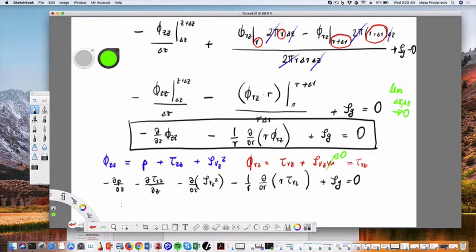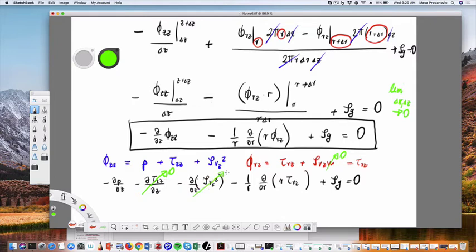Now my favorite part is killing terms. Pressure depends on z, so I can't kill that. We had that P0 and PL, two different pressures. That's what's actually driving it, in addition to gravity. That's the gradient that is driving the flow. So yes, it depends on z. Then I have tau zz. Tau zz in itself depends only on vz, and I'm looking for the partial derivative in the z direction of vz, which I don't have, so I can kill that, because my vz does not depend on z.